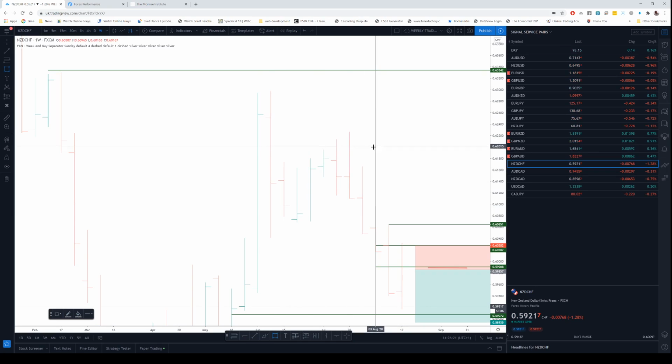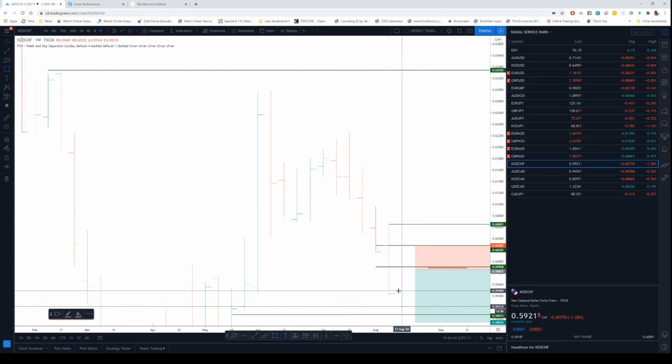Now, the week that I'm talking about, which is this one here, is for price to open, come down, take out the previous week's low, go all the way up, and then come all the way back down and close. That is a perfect textbook week, and that's what we've had this week.